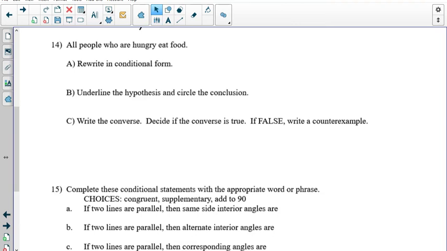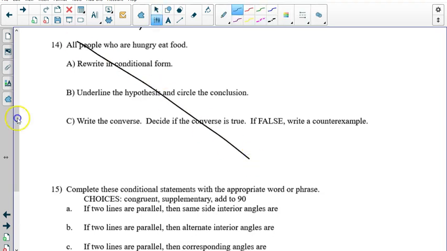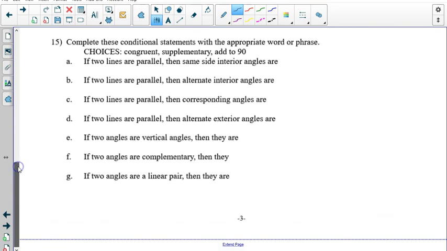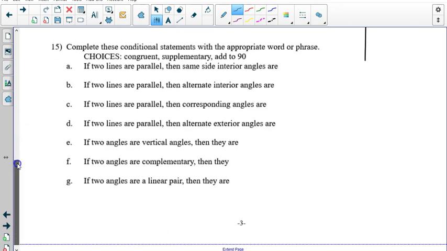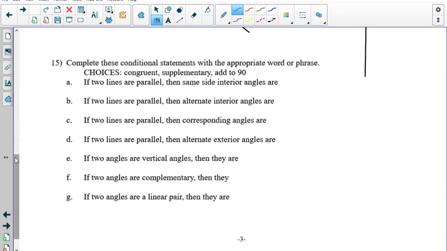All right, we're going to skip this one. That's not going to be a major concern in the final. All right, complete these conditional statements with the appropriate word or phrase. Congruent, supplementary, or add to 90. So if two lines are parallel, same side interior angles are... Same side interior angles are this one and this one.